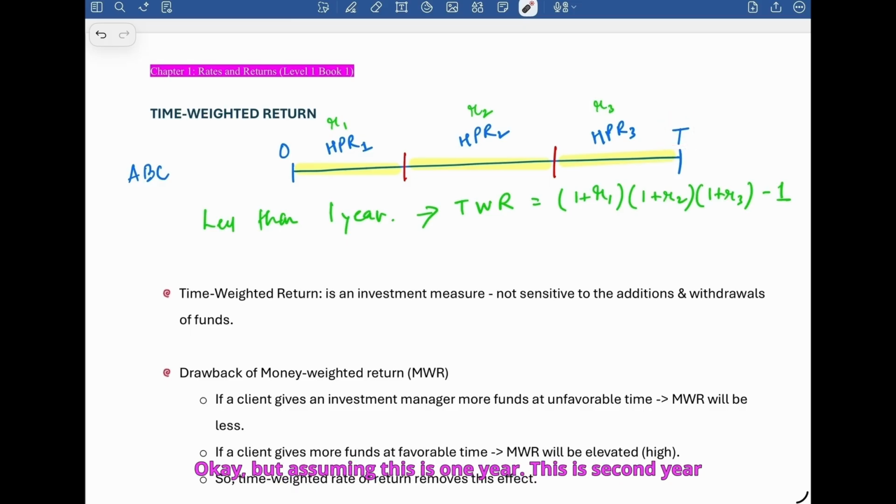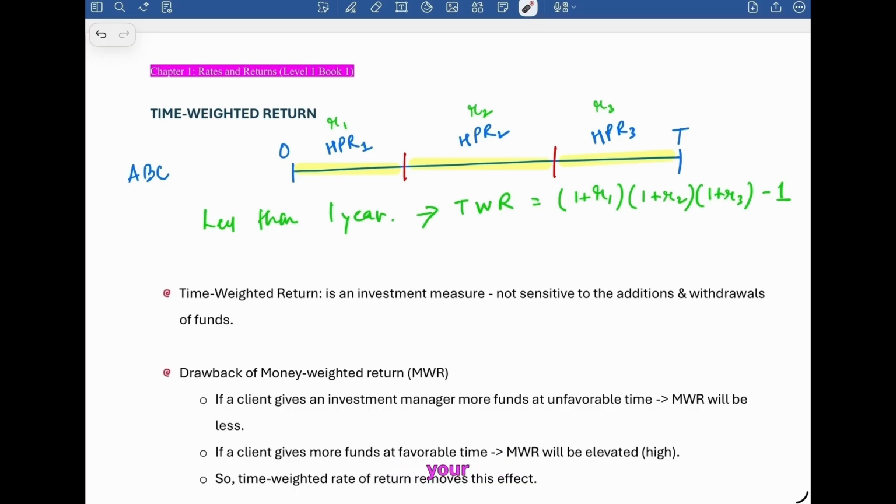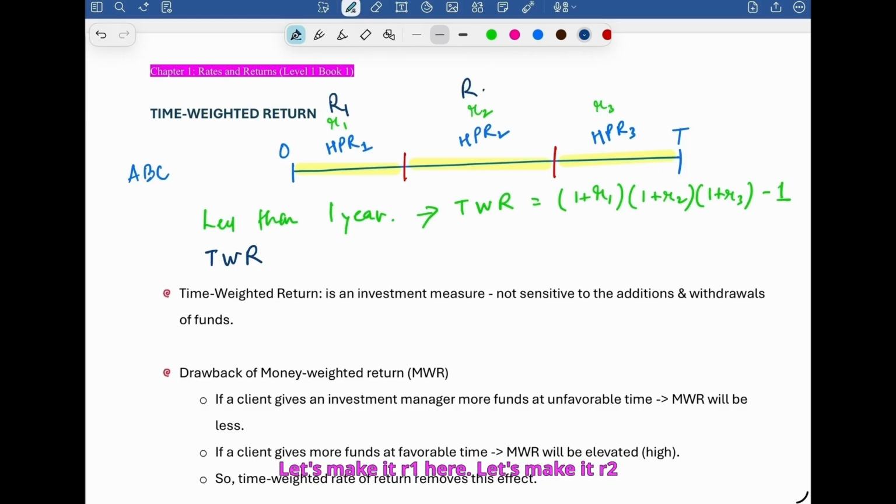But assuming this is the 1st year, this is the 2nd year, this is the 3rd year, then for your time weighted return, let's make it R1 here, R2, R3. R1 is for the 1st year, R2 is for the 2nd year, R3 is for the 3rd year. The time weighted return will be basically your geometric mean formula.